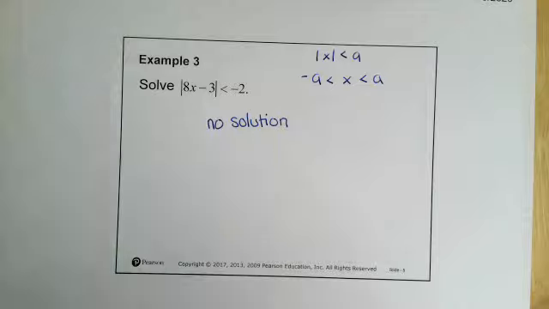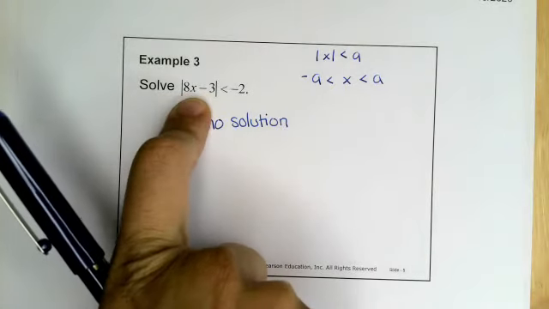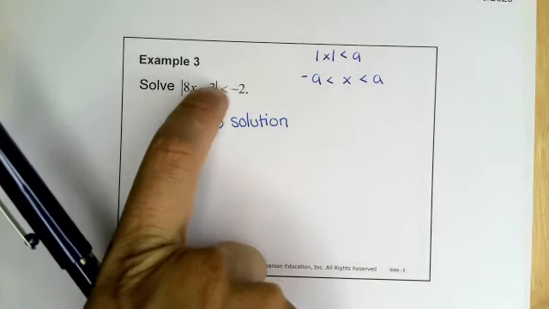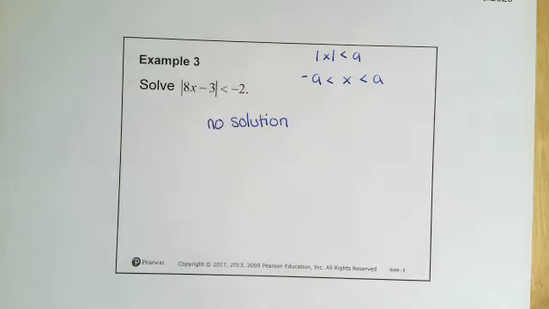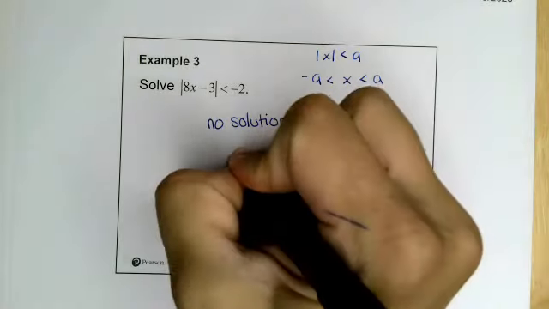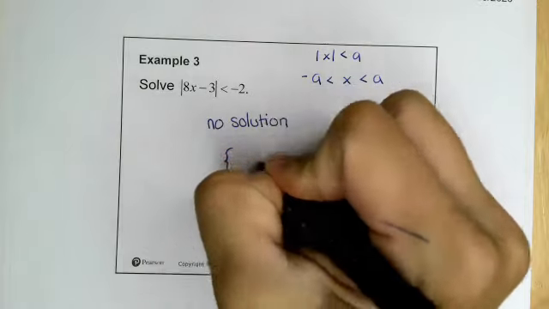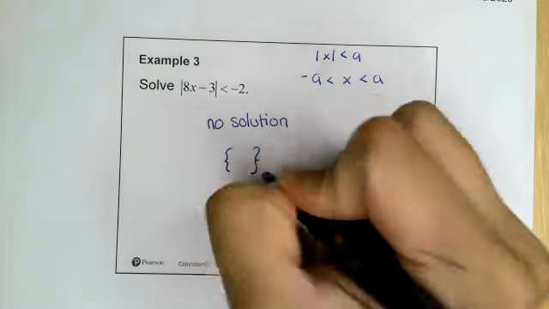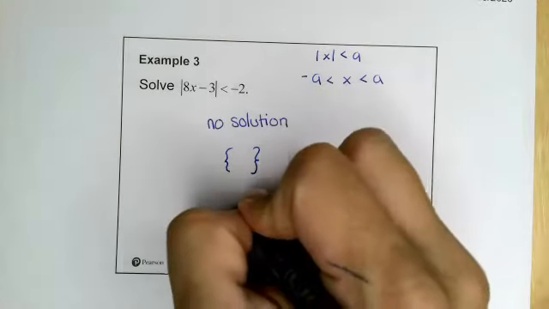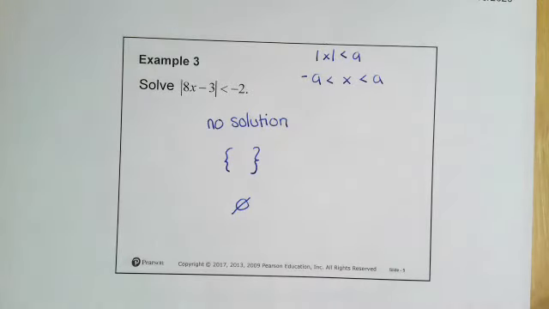Even if I put 0 inside the absolute value bars, 0 is less than -2, that's still not true. So there's no solution to example 3. You can say no solution. You can say that the set is empty, there's nothing in it. You can just say this, no, not possible, okay?